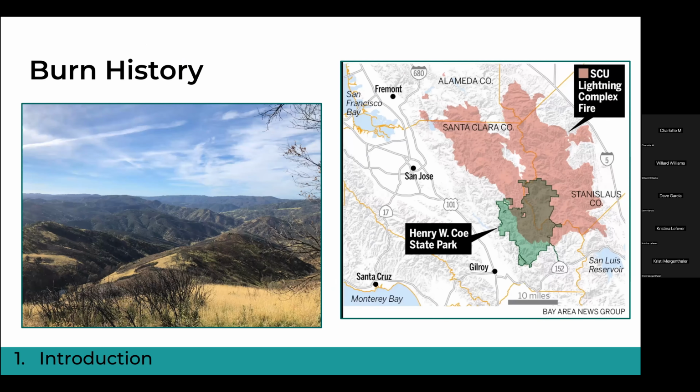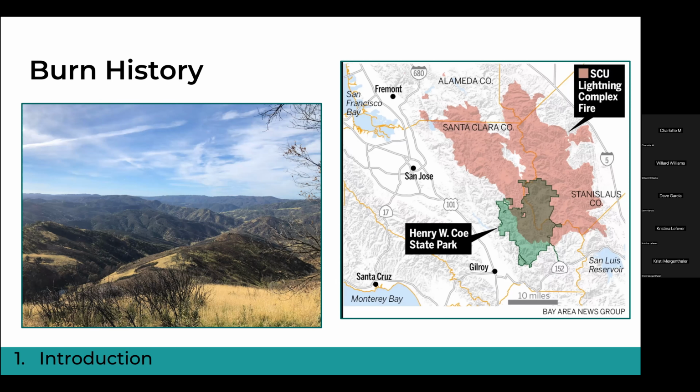So like many areas in the West, these areas are home to wildfires. And so Henry Coe is no stranger to that. Over the last 20 years, there were two major wildfires that burned the park, one in 2007 and one more recently in 2020, so right before I began my study.